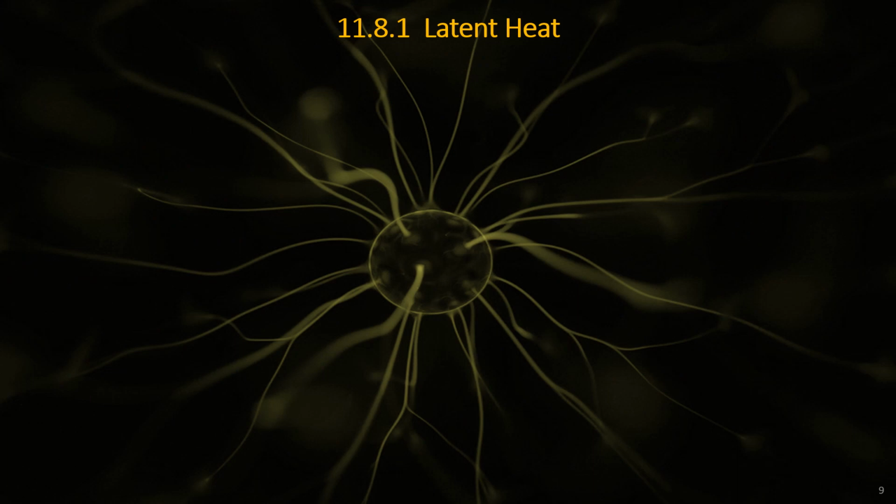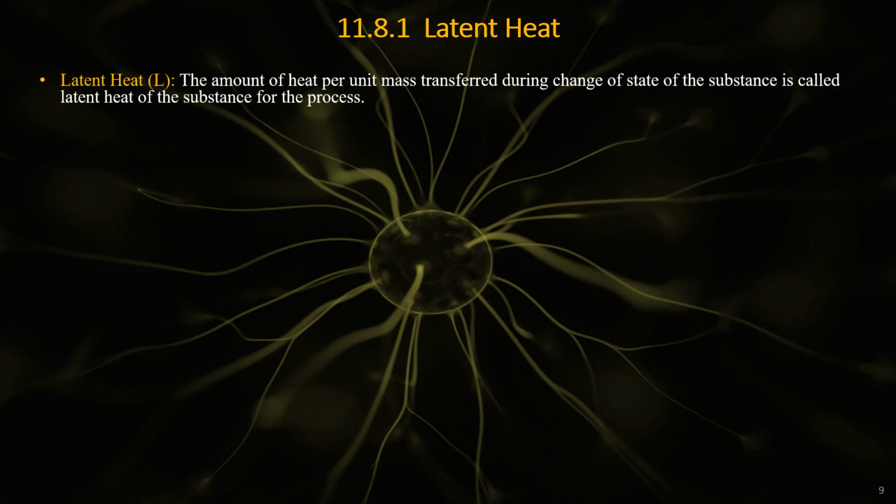Latent heat. We have seen in the previous section that a certain amount of heat energy is transferred between a substance and its surroundings when it undergoes a change of state. The amount of heat per unit mass transferred during the change of state of the substance is called the latent heat of the substance for the process.